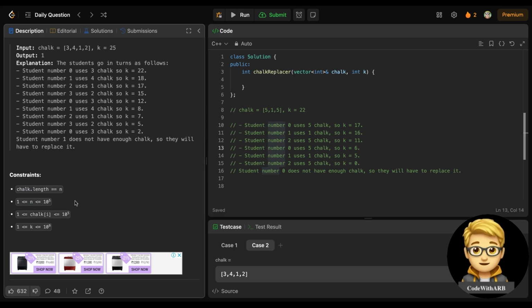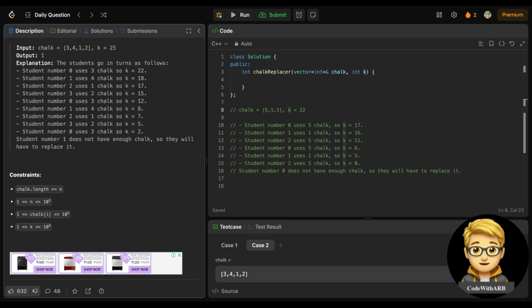If every student needs one chalk and k is equal to 10 to the power 9, you need to iterate at least 10 to the power 9 times.